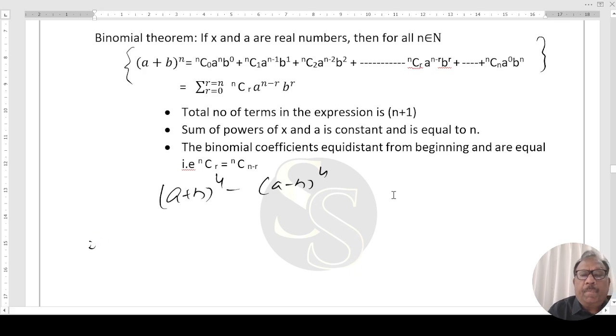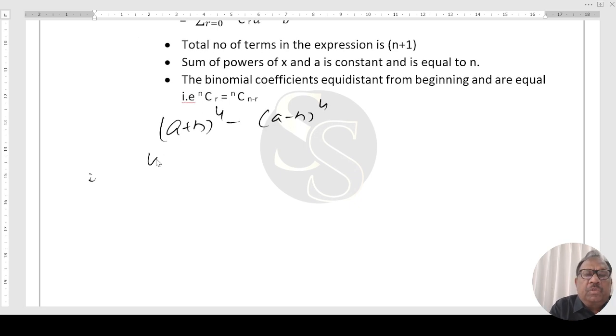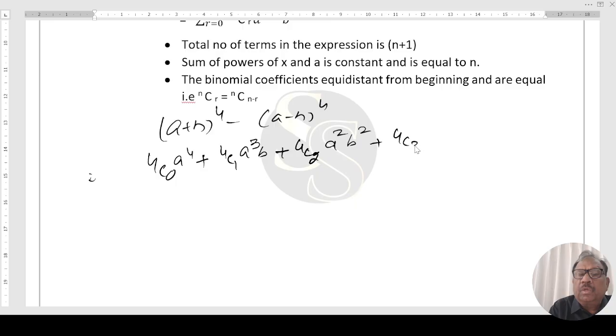We will write 4C0 a^4 + 4C1 a^3 b + 4C2 a^2 b^2 + 4C3 a b^3 + 4C4 a^0 b^4, and minus.